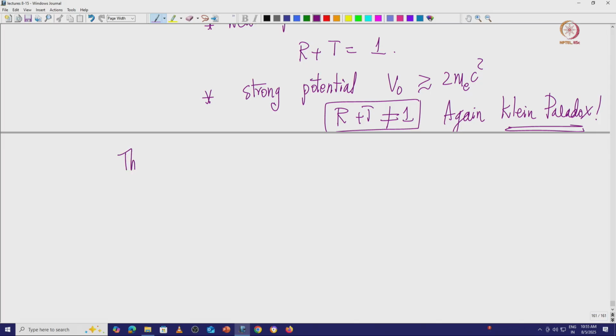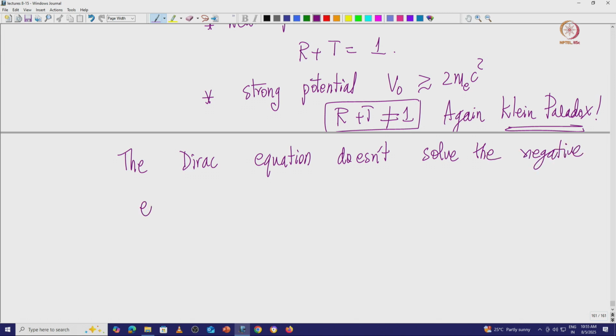Both paradoxes associated with the Klein-Gordon field, the Klein paradox as well as the Zitterbewegung, still exist.